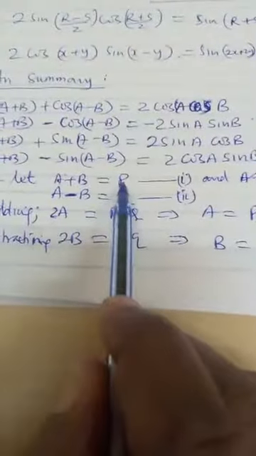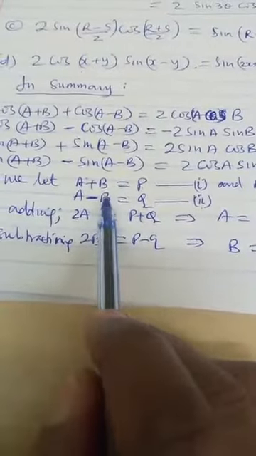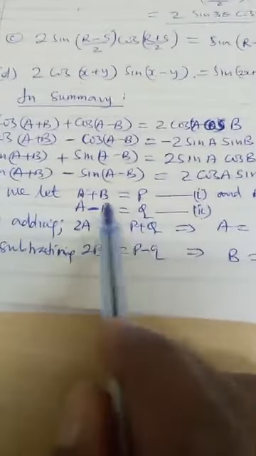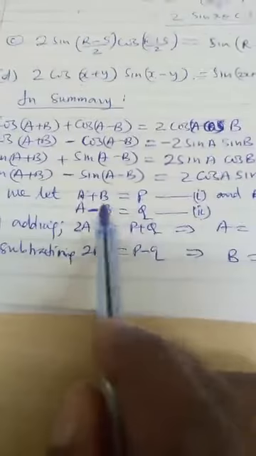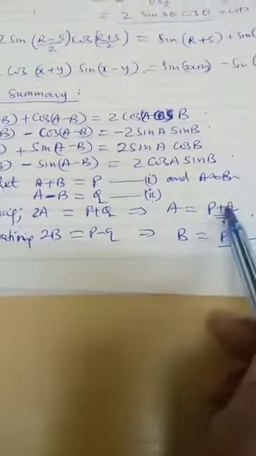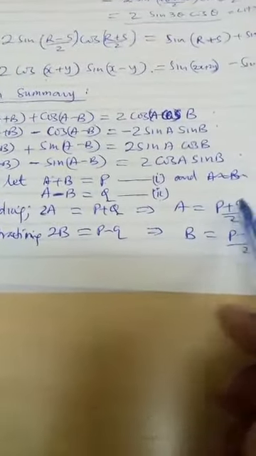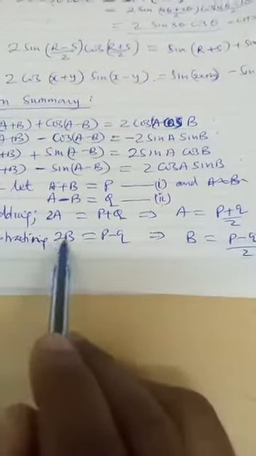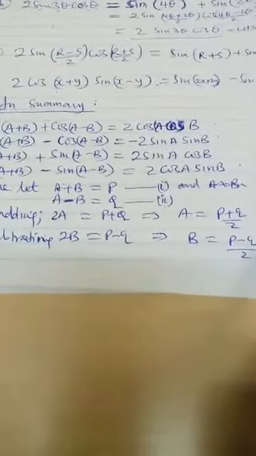I want to repeat that if we let the sum of a and b be p and the difference a minus b be q, then if we add, we get p plus q, and our a would be that. And if we subtract, we get 2b, which would be equal to this, and our b would be that.